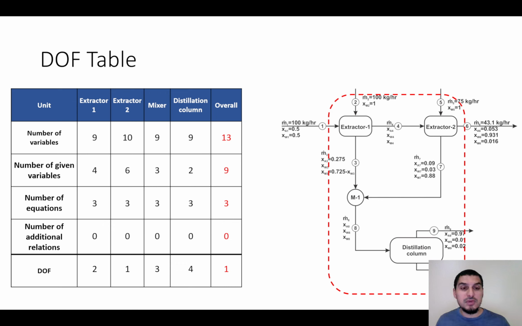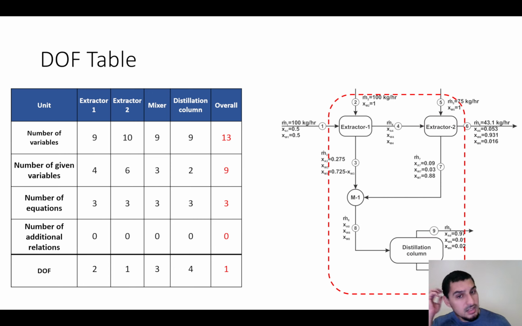So now we have to find some solution to this. One thing that we can do is to look for another combination of units that might work or will have degrees of freedom equal 0. So we should be looking at a loop or part of the system with interconnected units, where we have as many given information as possible.